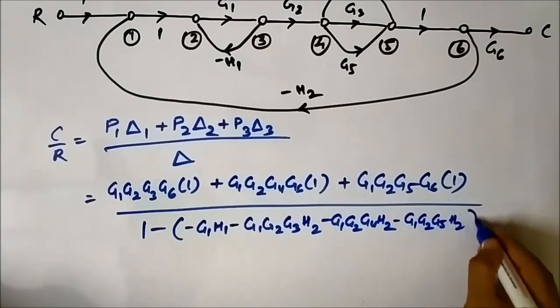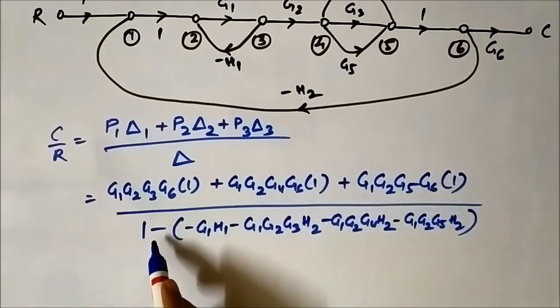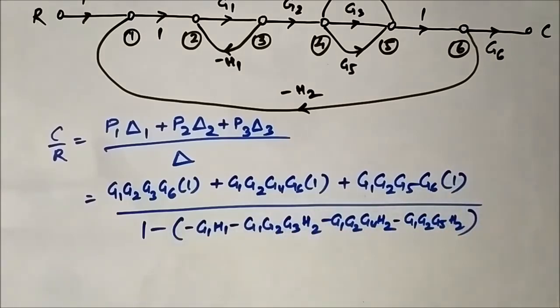Total 4 loops, and there are no non-touching loops, so there is no need to go any further. So we have calculated the transfer function of the above system. Here minus minus will become plus in all these terms.